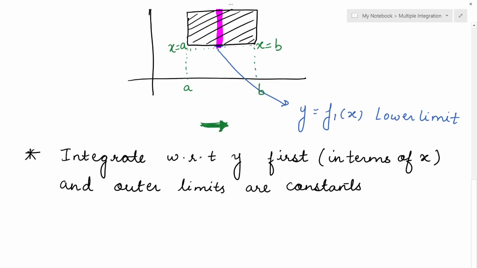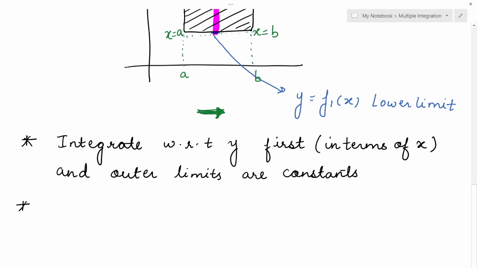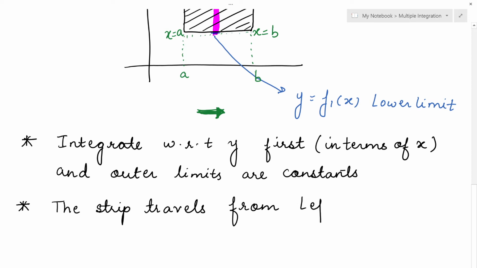Also, one thing to note in this point is the strip travels from left to right. This is a protocol of a vertical strip. Always it will travel from left. So lower limit will be the left part and the upper limit will be the right part.